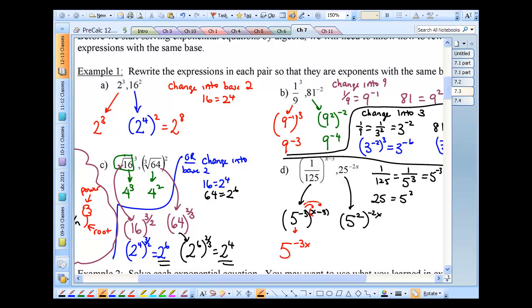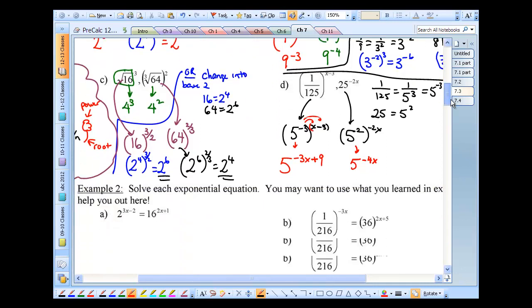Distribute: negative 3x plus 9. There we go. And the one on the right, 2 times negative 2x is just negative 4x. Done! And there you have it. Same base. Life is good.